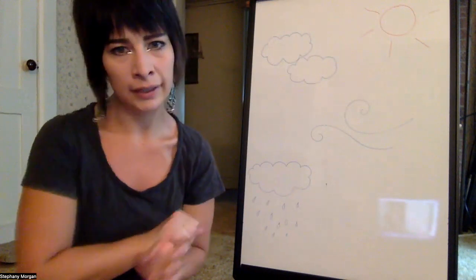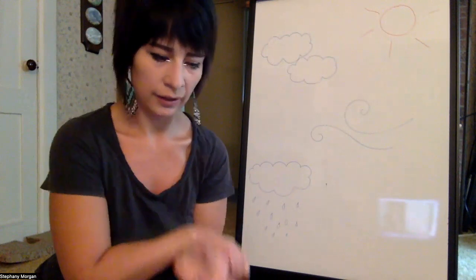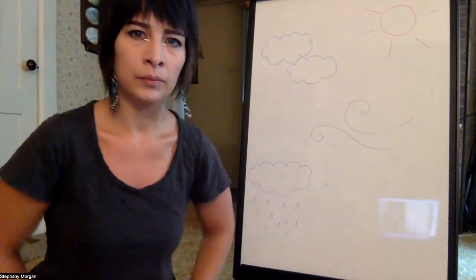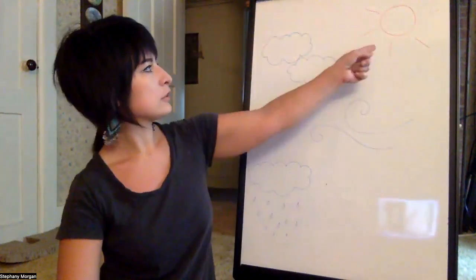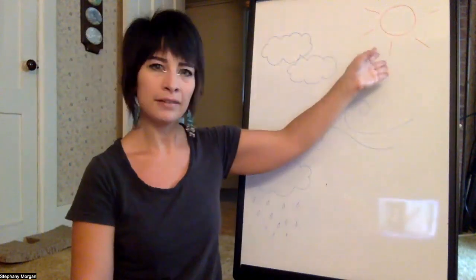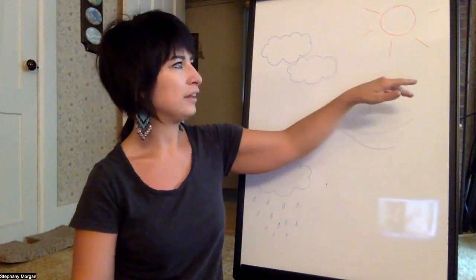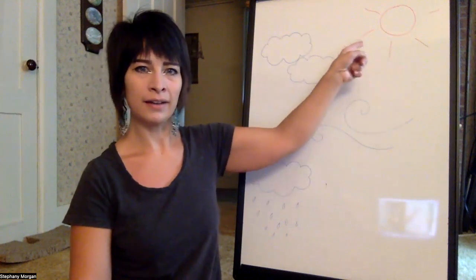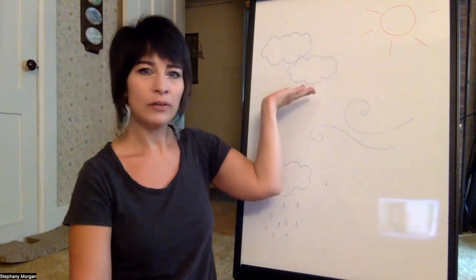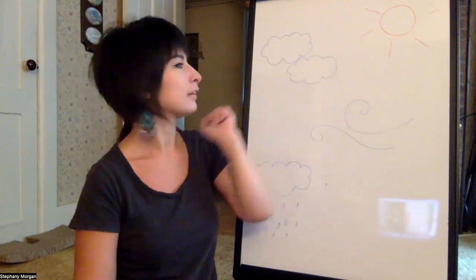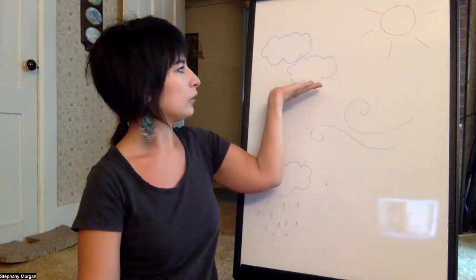So let's say that today outside it's raining. You might want to go over the terms. What is this? This is the sun. When he is shining, we say zagate. It is sunny. What are these? These are clouds. Anaquadun.